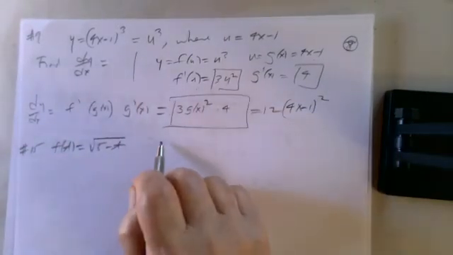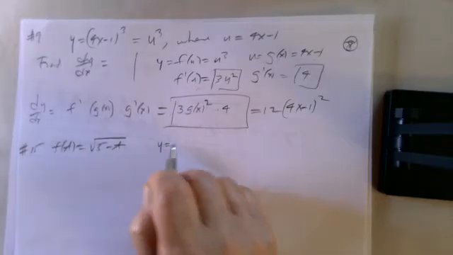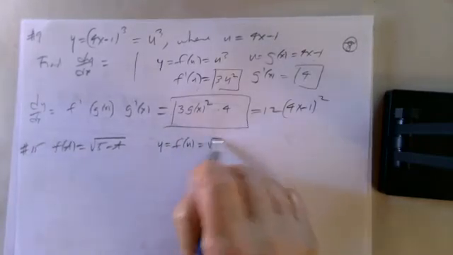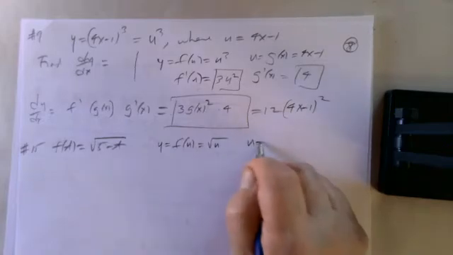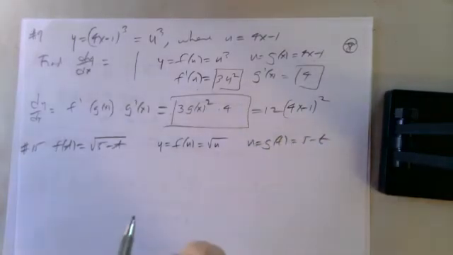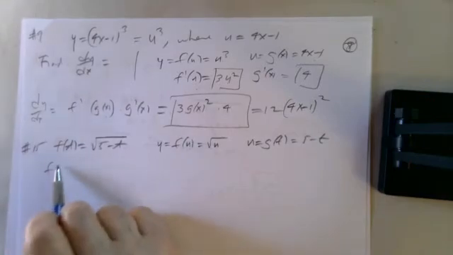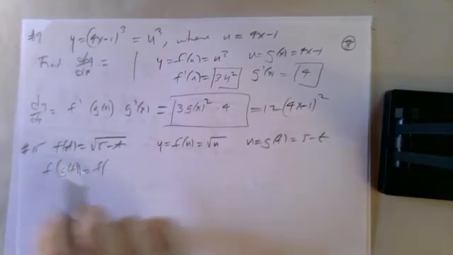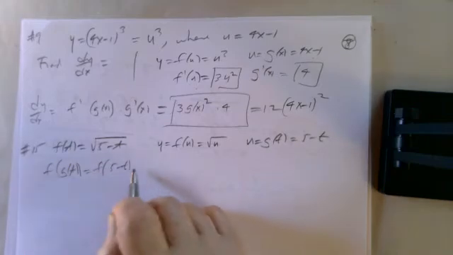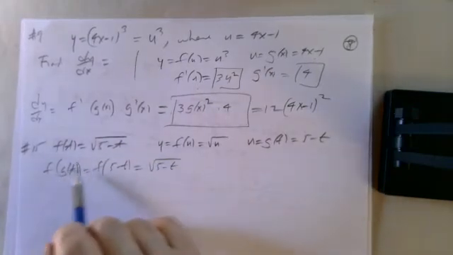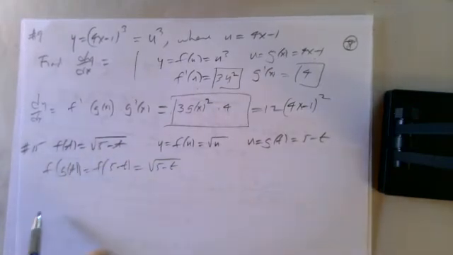Because we can think of y as some function of u, which is the square root of u, and u is some function of t, which is 5 minus t. So f of g of t is f of 5 minus t, which is the square root of 5 minus t. That's what this is.